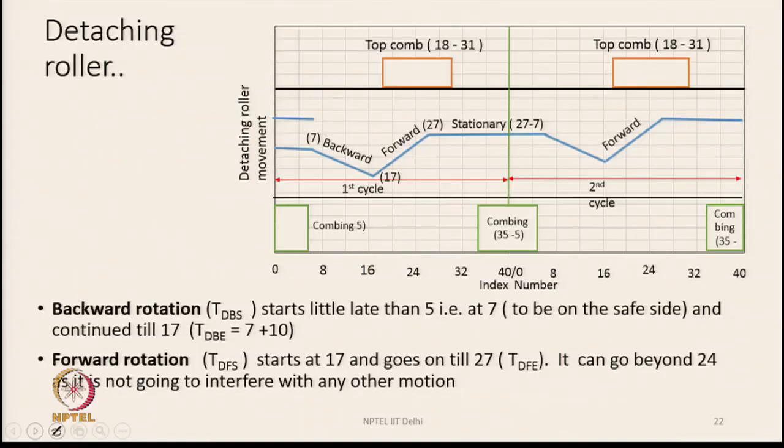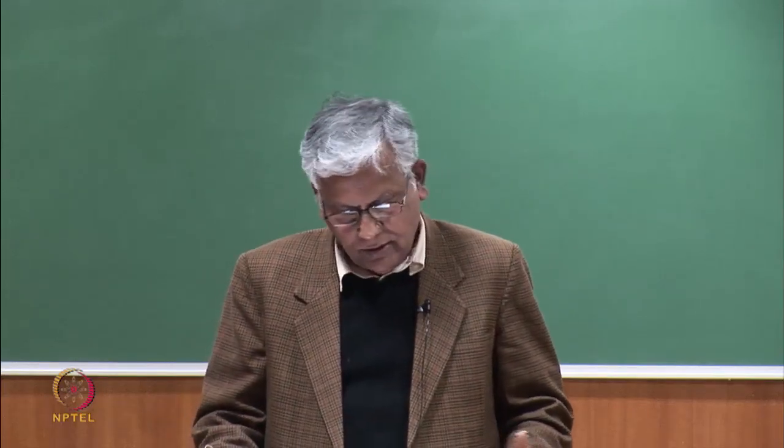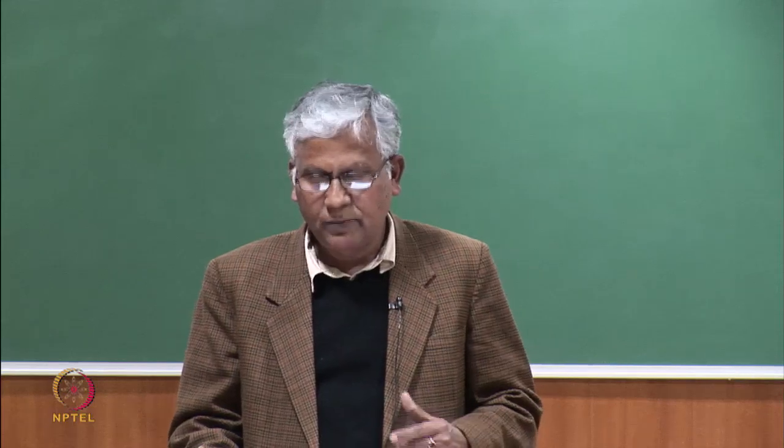So, backward rotation of the detaching rollers starts a little later than 5. If you look at the timing of backward rotation, it starts somewhere here, which is not exactly 5, a little late. By the time 5, the combing is over, now the nipper assembly is also moving forward, so that the fringe can be detached. So, before the comb fringe reaches the nip of the detaching roller, the detaching roller starts feeding back the previous fringe.